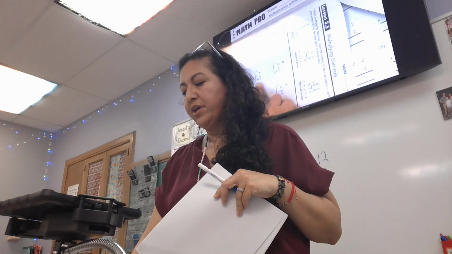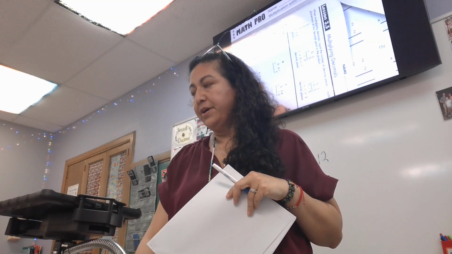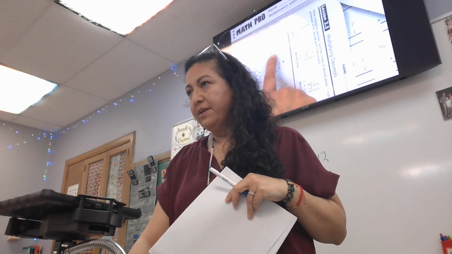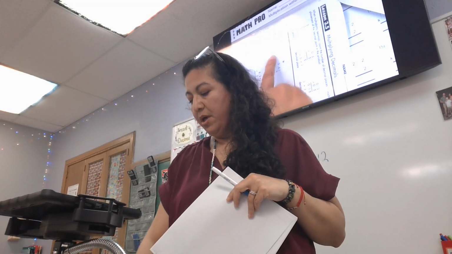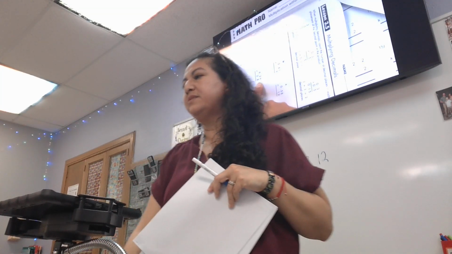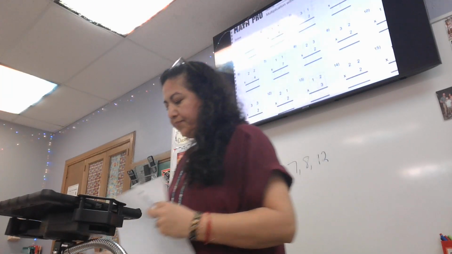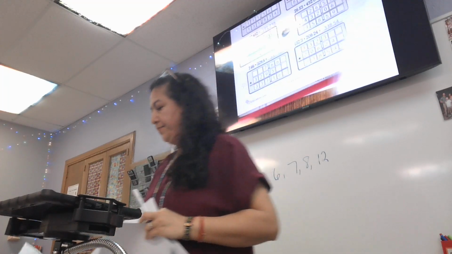But when we have these 2 digits, we can use our calculator. Did you guys hear that? When we have the 1 digits, we're not here on this page yet, but we can do it on our own. We can count and figure out where to put the decimal. But when we have the 2 digits, we're going to use the calculator so we can practice inputting these numbers.